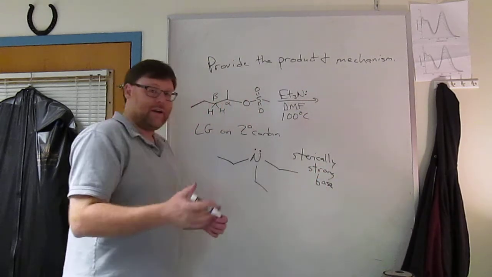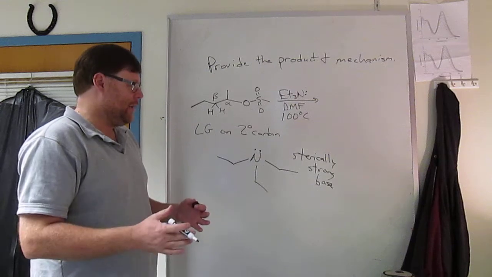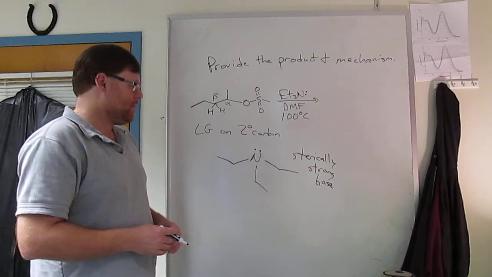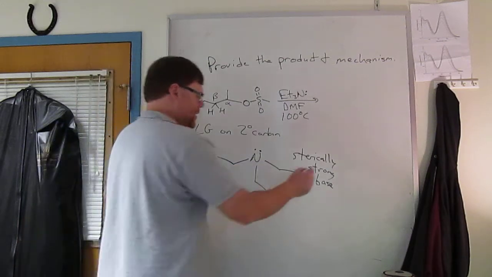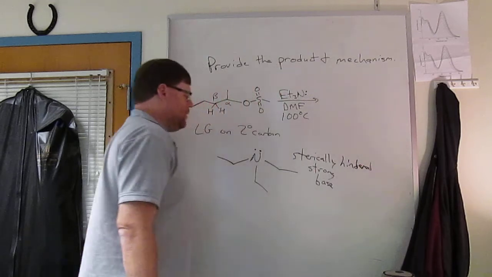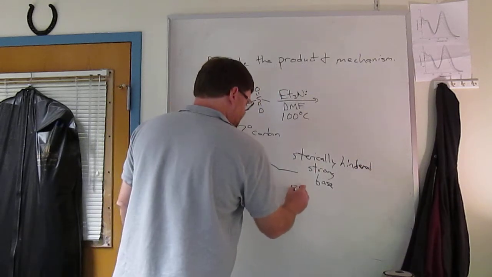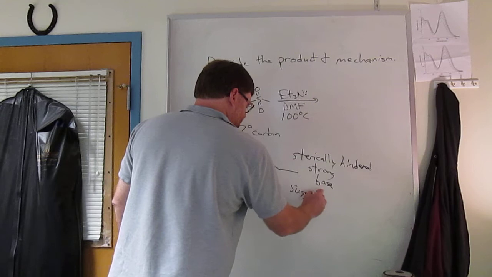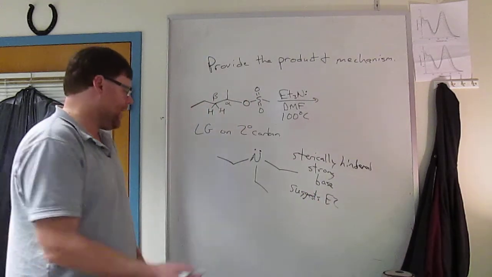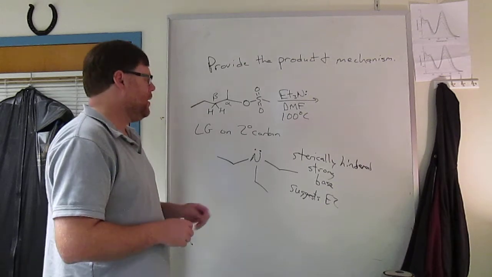A strong base that's sterically hindered is typically not going to be good for doing a substitution reaction. So sterically hindered, not just a sterically. So this sort of suggests E2. Triethylamine can also be a nucleophile, but it's a better base.